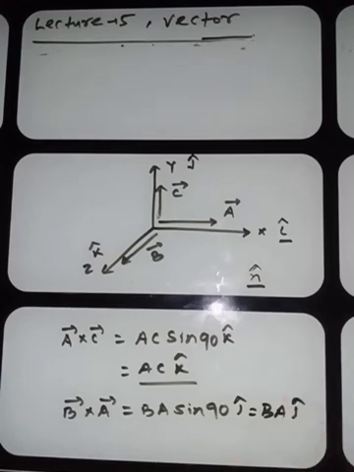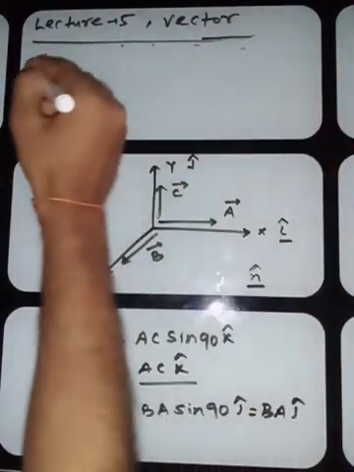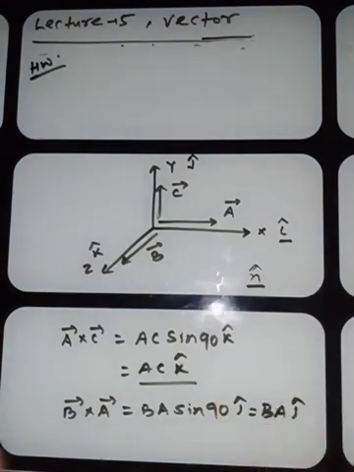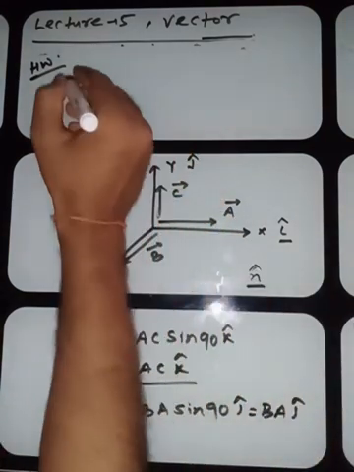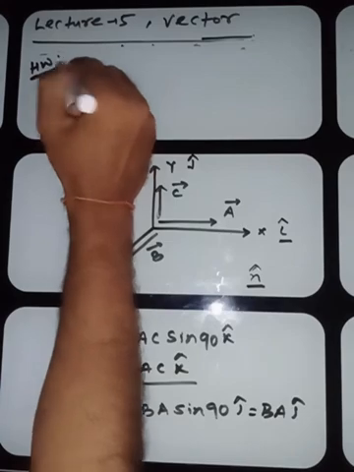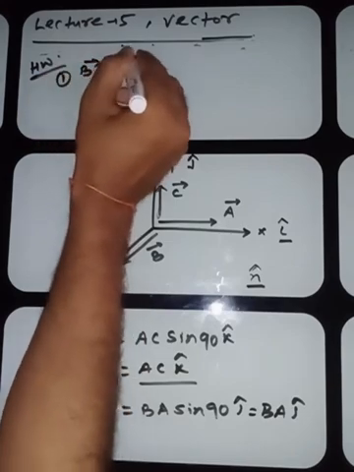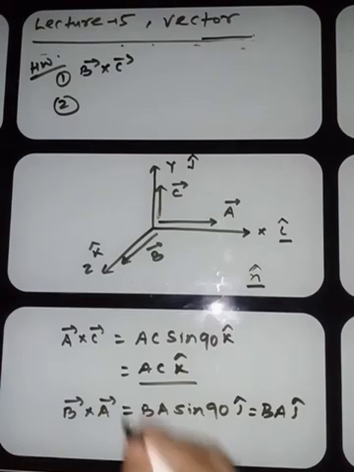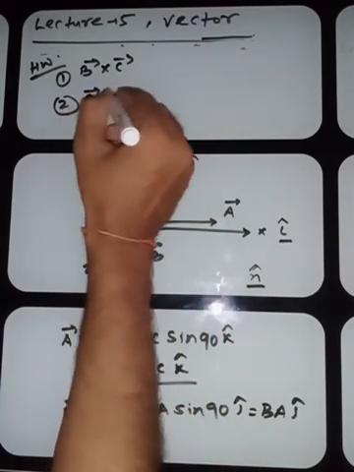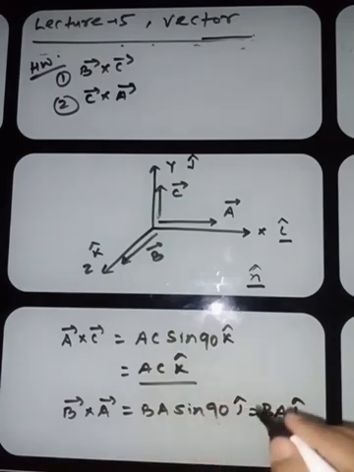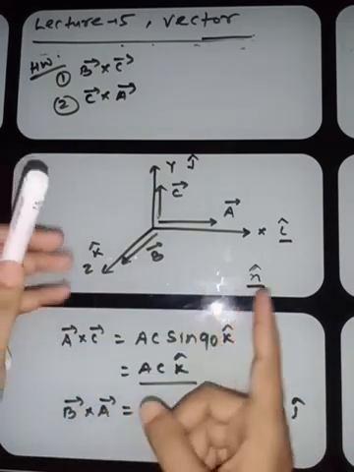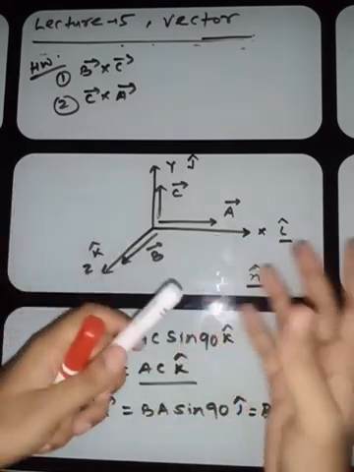Okay, last one, this is for you, and this will be your homework. I will not tell you. B cross C, the first one. C cross A, the second one. Remember, you have to write the answer not using your IQ, that if A cross C is written by this, then what will be C cross A?